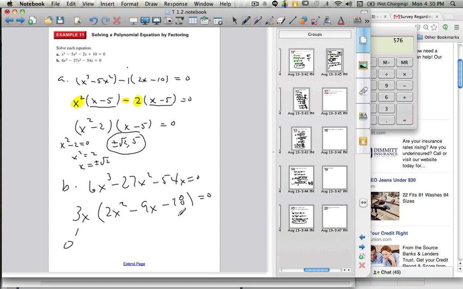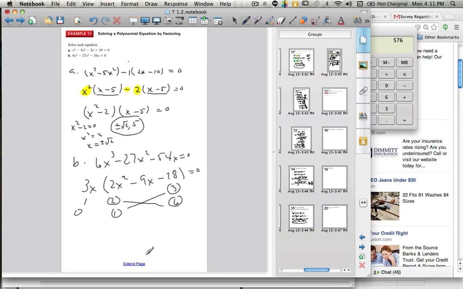Well, I see that 18 is 3 times 6, and this is 2 times 1. Well, 2 times 6 will give me 12, and 1 times 3 is 3. Those have a difference of 12. So I know that I'll have 2x in one binomial, and I'll have the 6 in the other binomial, so they get multiplied together.